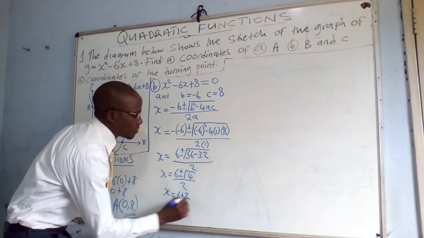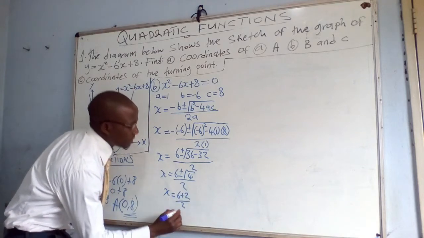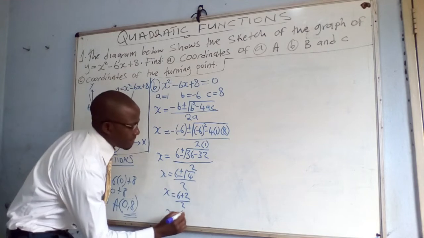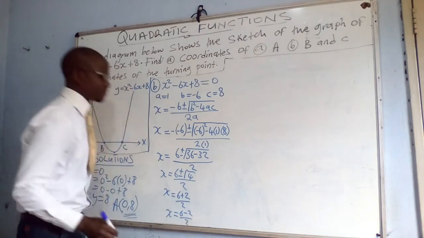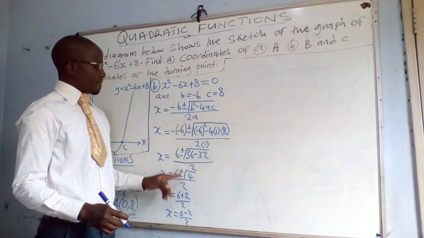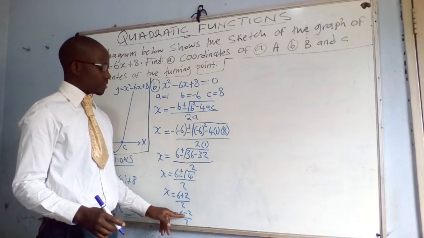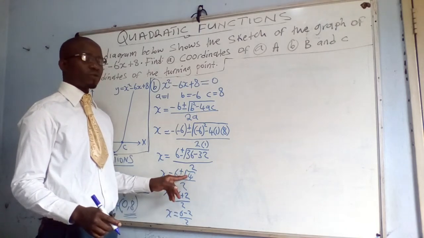It's 2. Then over 2. Then there is also x is equal to 6 minus 2 over 2. 6 is this one, plus is this one, minus is this one. 2 is coming from the square root of 4.